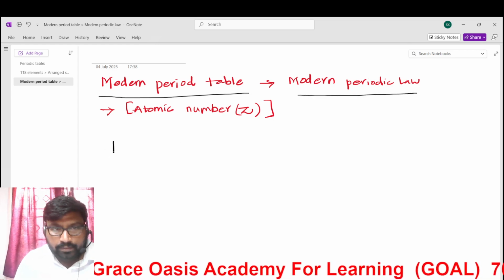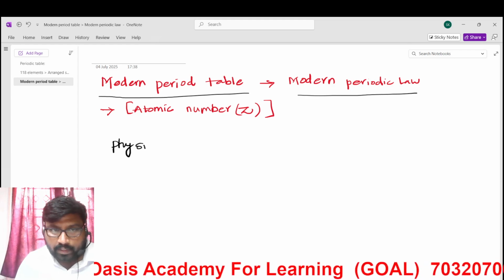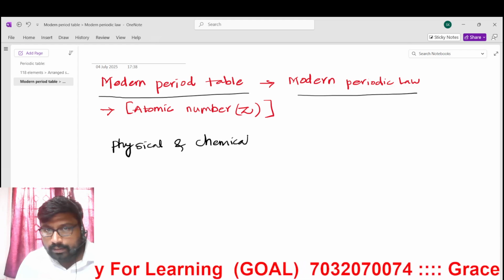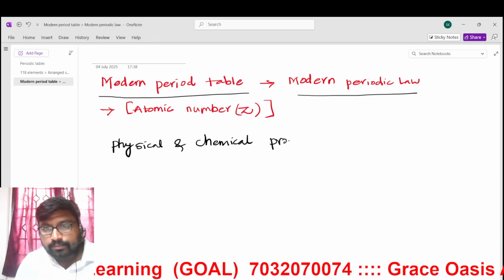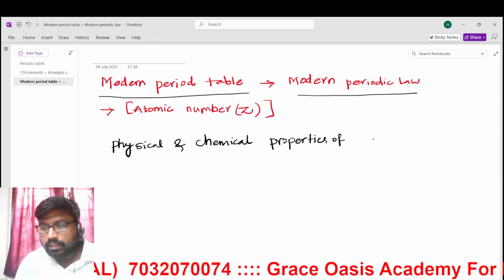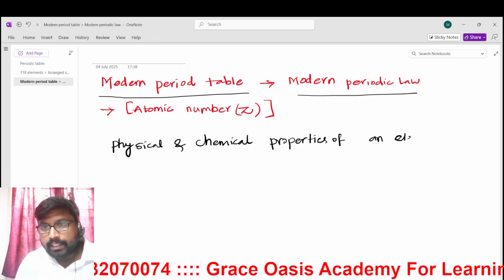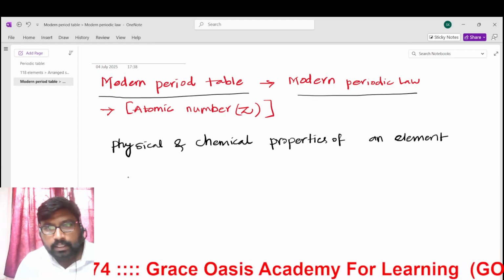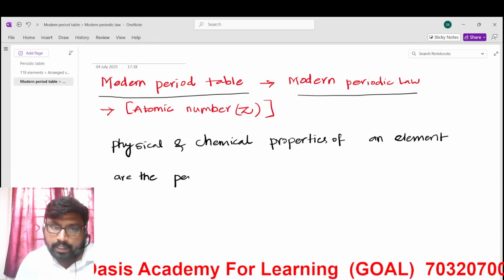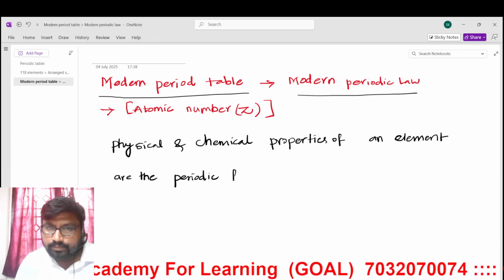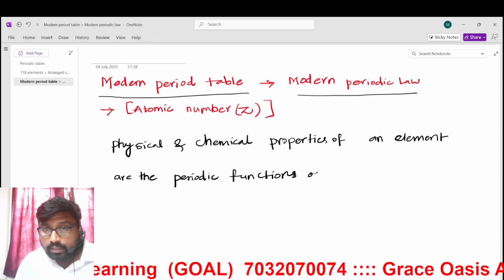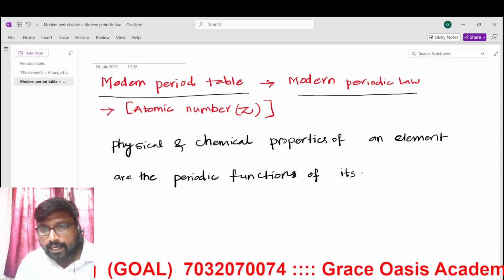Definition: the physical and chemical properties of an element are periodic functions of its atomic number.